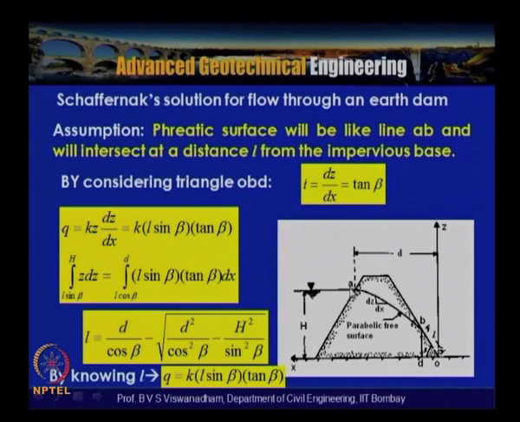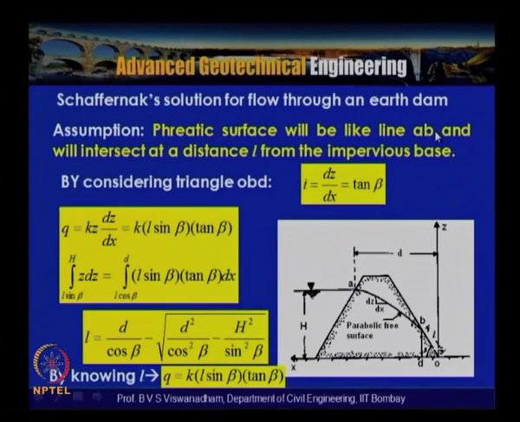By simplifying that, we will get L, the length along the downstream slope surface, which is nothing but L is equal to D by cos beta minus root over D square by cos square beta minus H square by sin square beta. Once we know L, by using the expression here, we can calculate the flow, which is Q is equal to KL sin beta tan beta.